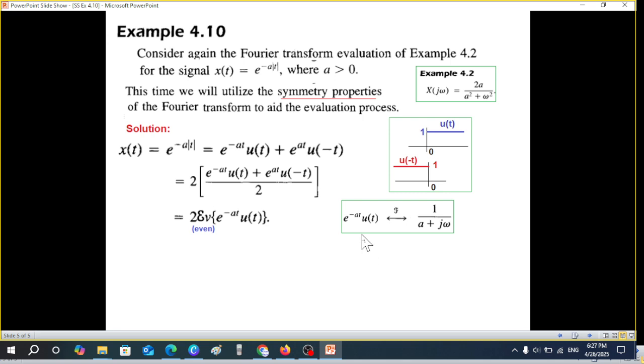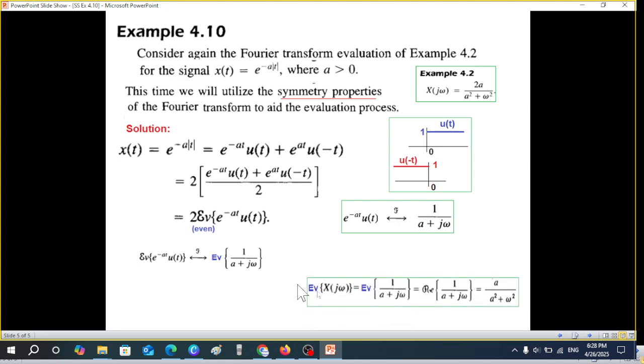And now we already know this, the transform of e^(-at)u(t), 1 over a plus j omega. So we'll plug in that. That means the transform will be the even part of 1 over a plus j omega, and the even part of 1 over a plus j omega, as we know, is a divided by a squared plus omega squared.